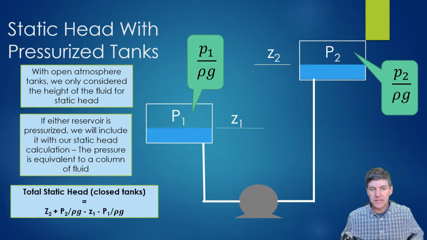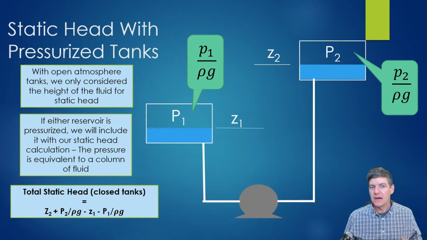So for instance, if we were finding our total static head, instead of just being Z2 minus Z1, what we would also have to do is include in the pressures. Now we want to be careful to add pressure or subtract pressure depending on which side of the system it's on.